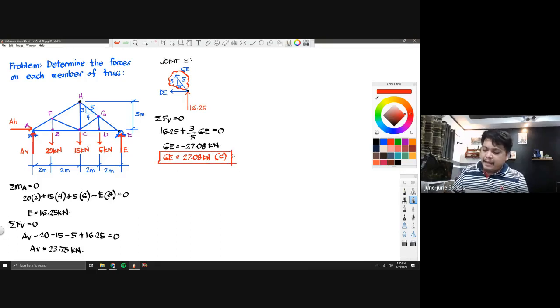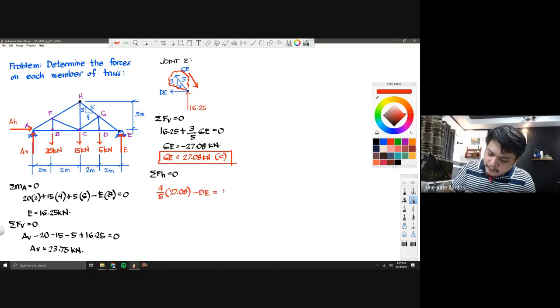Okay? And then check naman natin si summation forces horizontal. So summation forces horizontal equal to 0. So I have here, itatama ko na ngayon yung GE, para hindi ka malito, itama na natin. So si GE natin dapat pag ganun na talaga siya. Okay? So check natin, horizontal component ng GE, which is 4 all over 5 of GE, which is 27.08, and then minus DE equal to 0.